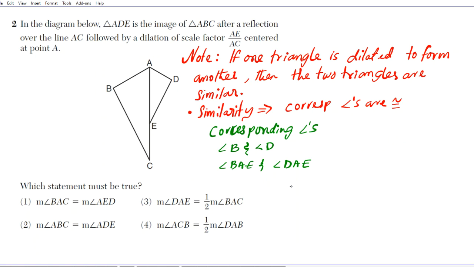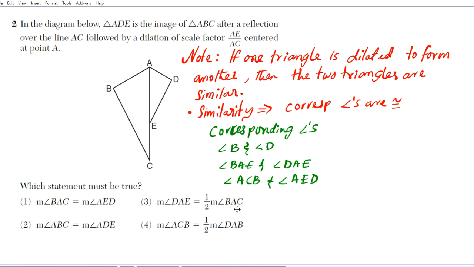Talk about these two right here. And then angle ACB and angle AED. Talking about these angles down here, these are corresponding angles.